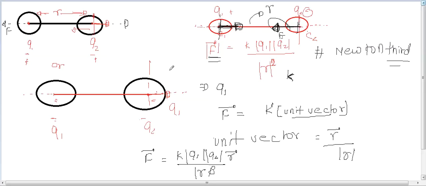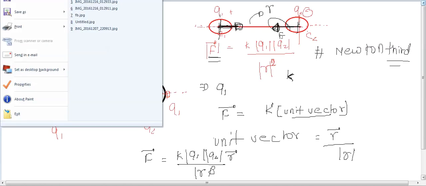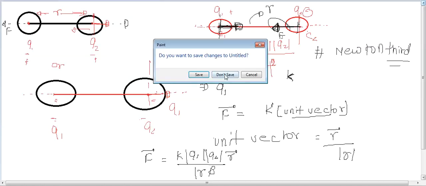Now come to another important thing. Guys, this force is a vector. Suppose you have a lot of charges, and you want to calculate the force on a particular charge by all the other charges.